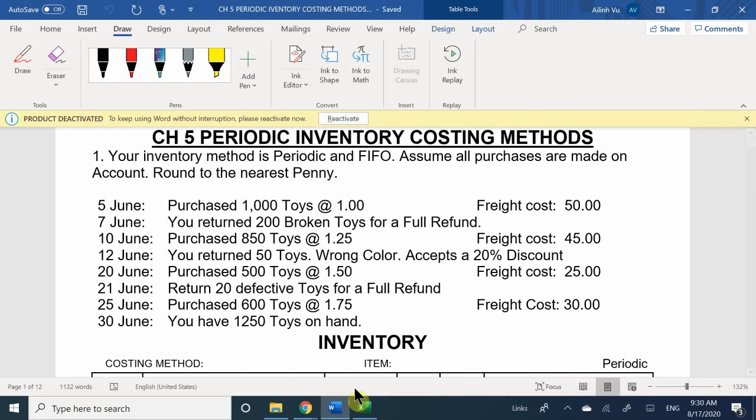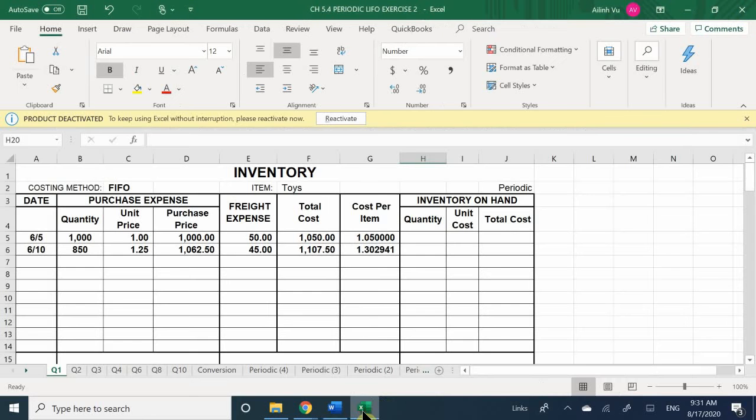But what are you taking 20% of? If you go back up, the original cost? Which number? $1.25. Okay, I think you can do it that way.